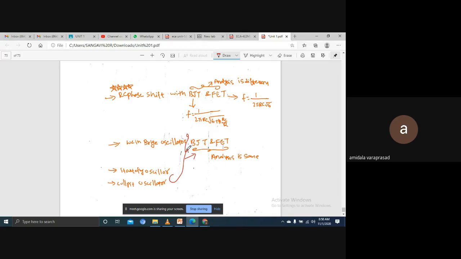Please keep it in mind: circuits are different, but the analysis is the same. That's it. And the extra thing is the crystal oscillator. The crystal oscillator is basically the same as the Hartley and Colpitts oscillators, and this is the basic answer.